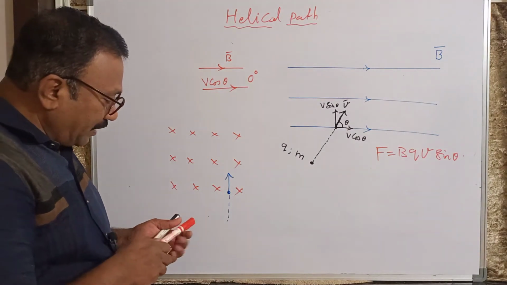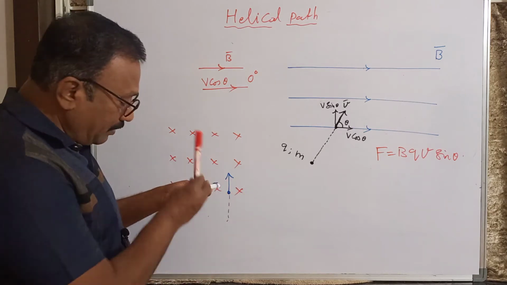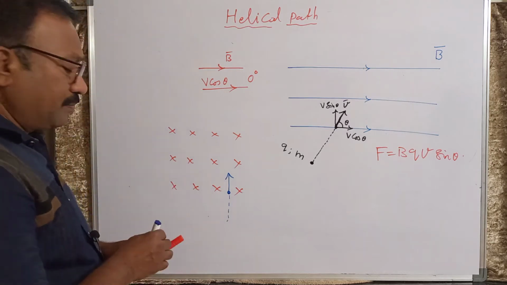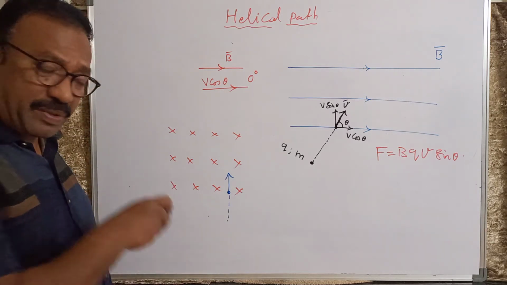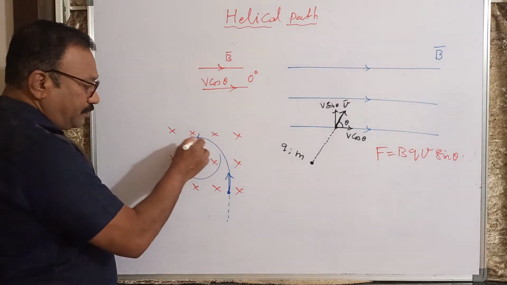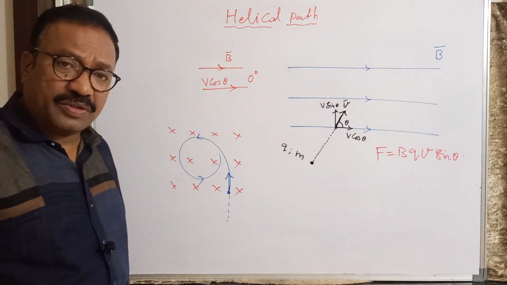What is the angle between the magnetic field and velocity? 90 degrees. So what happens? When a particle is perpendicular to the magnetic field, we discussed that it moves in a circular motion.